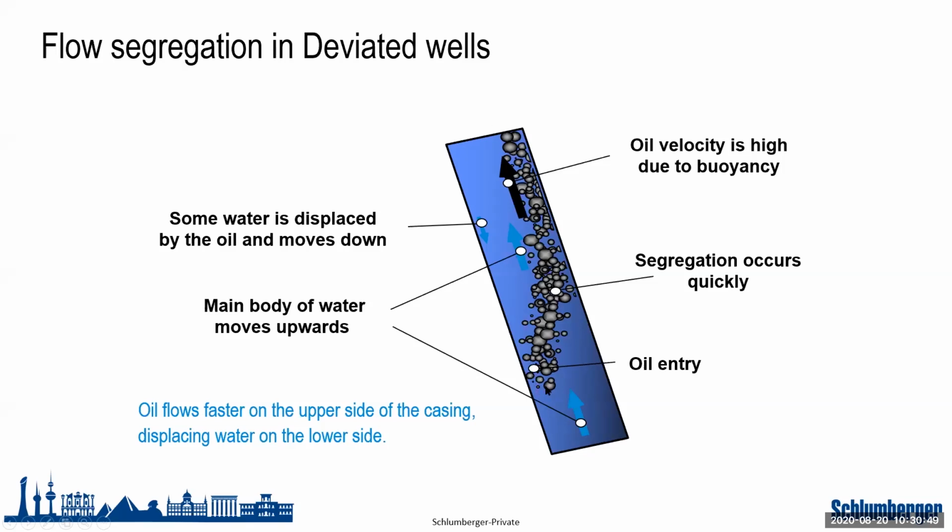But then the oil starts segregating, okay? And as the oil starts segregating, the oil velocity is going to increase due to buoyancy. And as the velocity of the oil starts to increase, some of the water is going to be displaced downwards. And this is what we call recirculation.